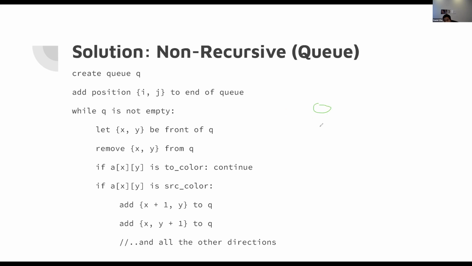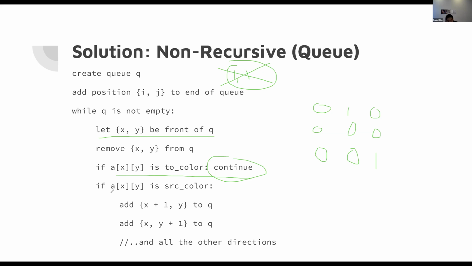So let's say you have 0, 0, 0, 0, 1, 0, 0, 1, 0. Let's just try to run this through. So let's say we start from the center, then we add 1, 1 to the queue. You get the value at the front of the queue, which at the moment is 1, 1. You delete it. And then if it's already changed, you just continue. Otherwise, if it hasn't been changed yet, I forgot, you have to change it, obviously.